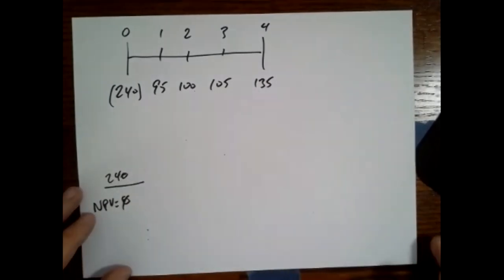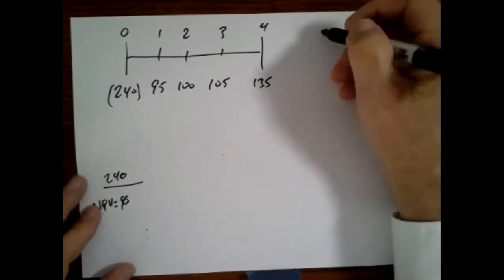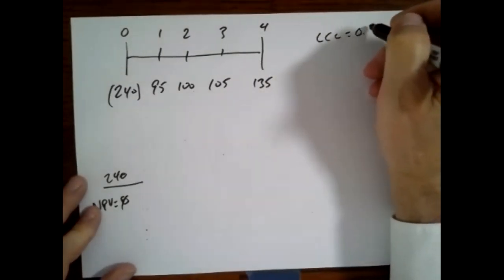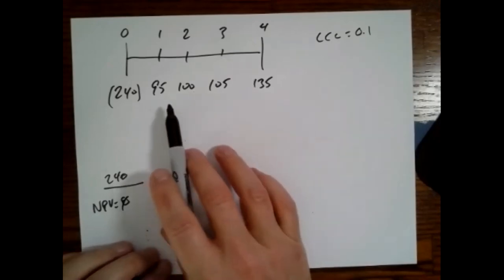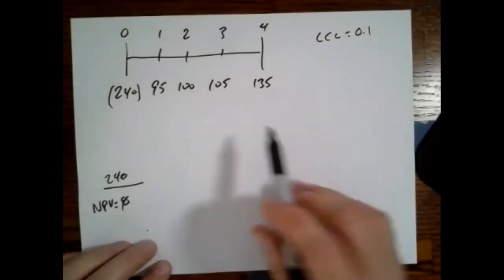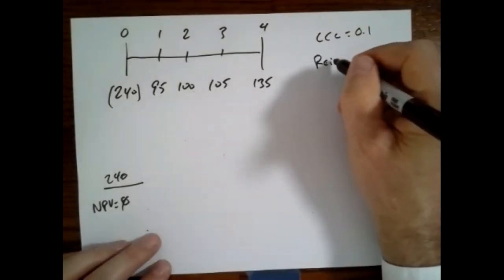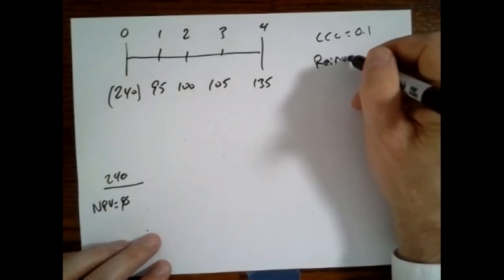But the way we're going to do that is we're not going to assume that we're going to be able to get this project's reinvestment rate. So we're going to focus on a reinvestment rate.